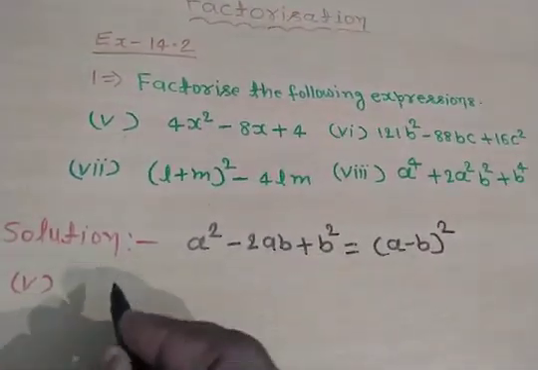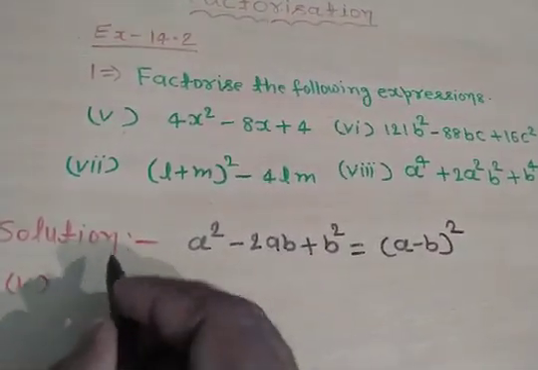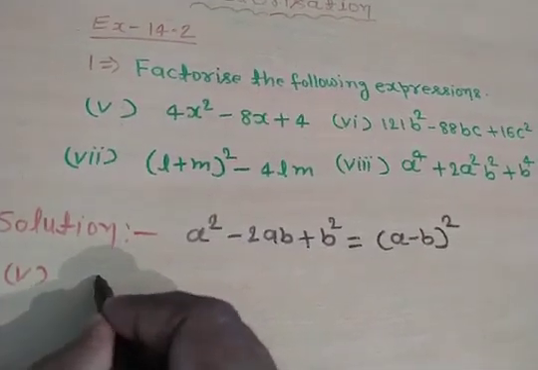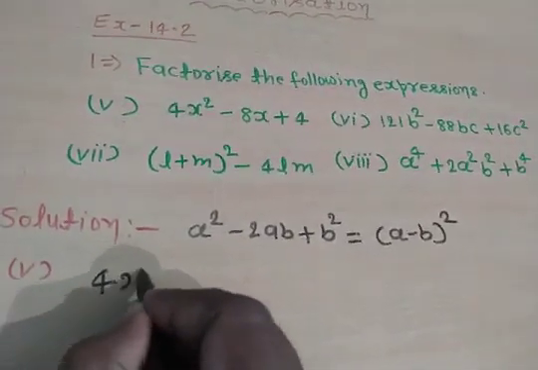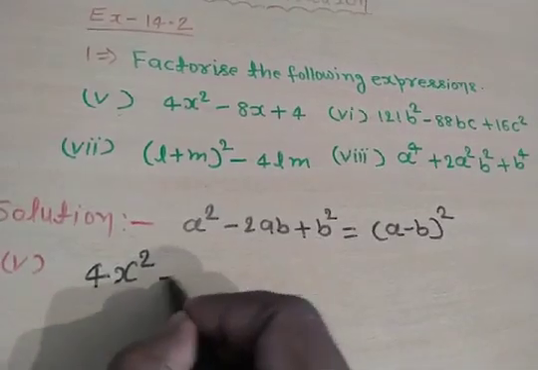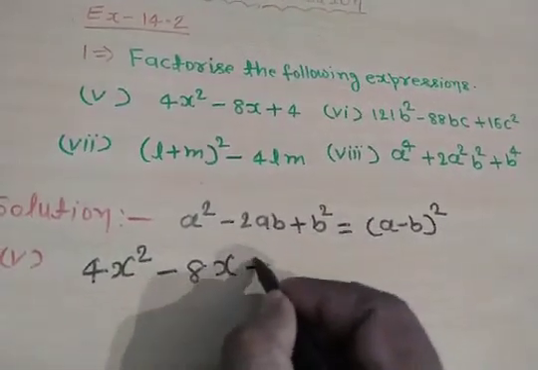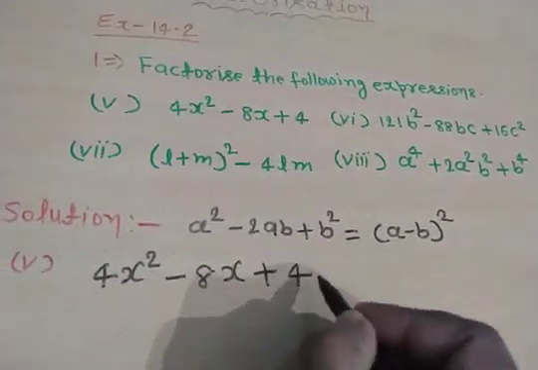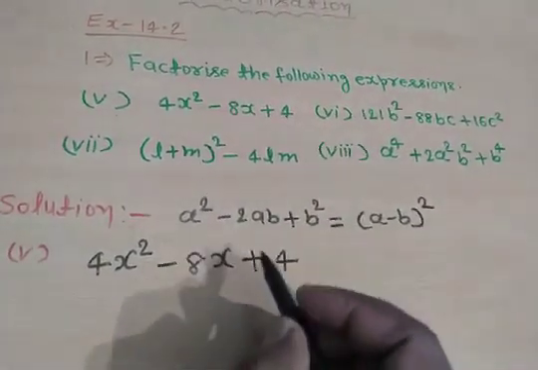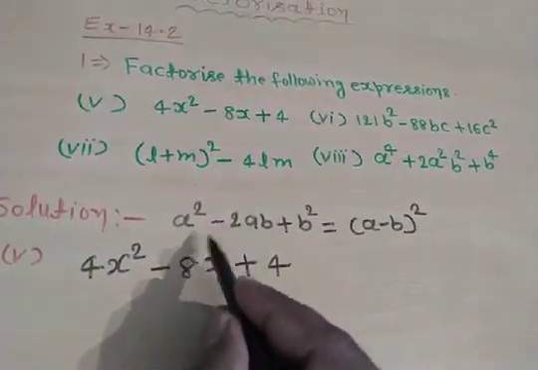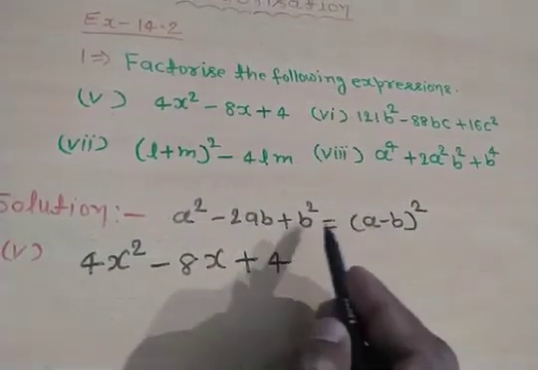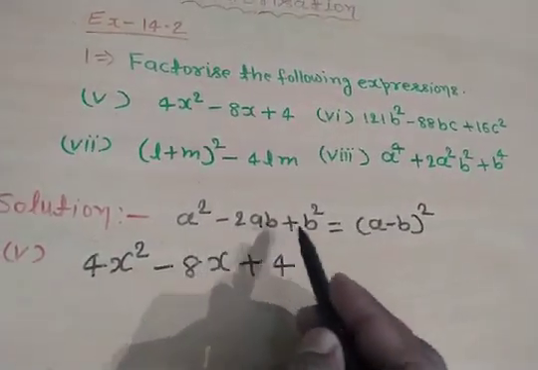Here the fifth part of question number 1 is 4x square minus 8x plus 4. So we use the identity: whole square of a minus b is equal to a square minus 2ab plus b square.